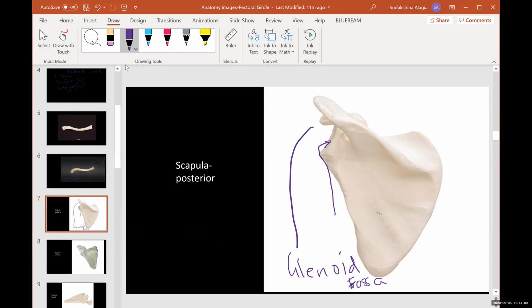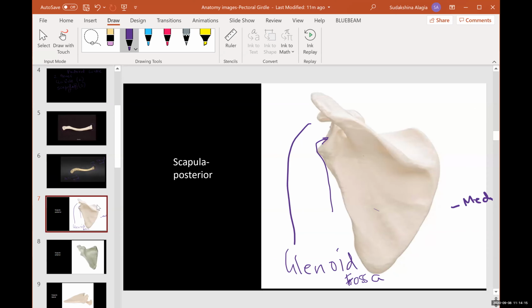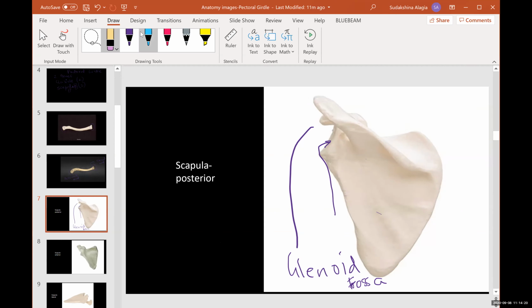So this must be the lateral aspect. And lots of the names are given as medial border, lateral border, superior angle, inferior angle.